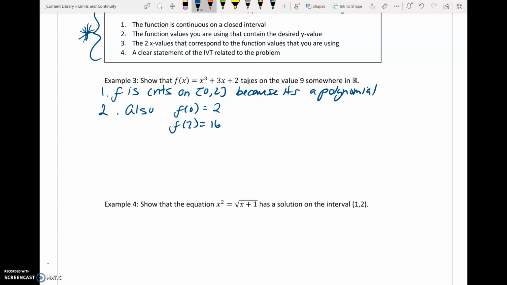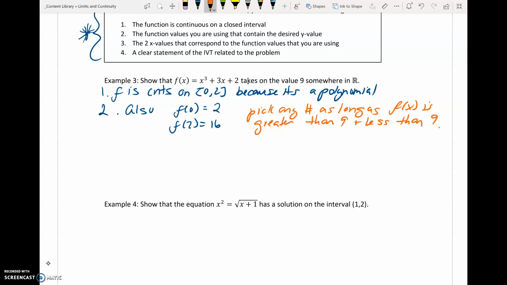So what I did here is pick any number as long as f of x is greater than 9 at one end and less than 9 at the other. Okay, so we can pick any number. It didn't have to be 0 or 2.